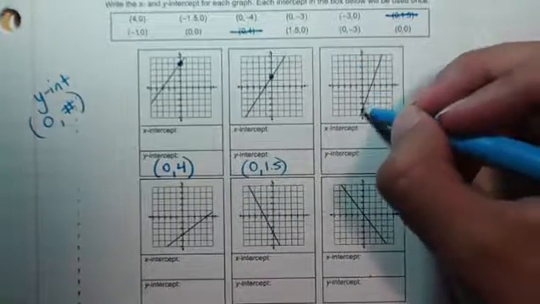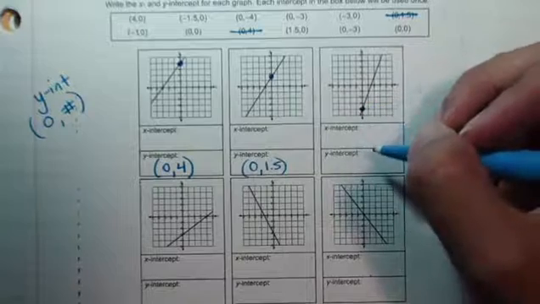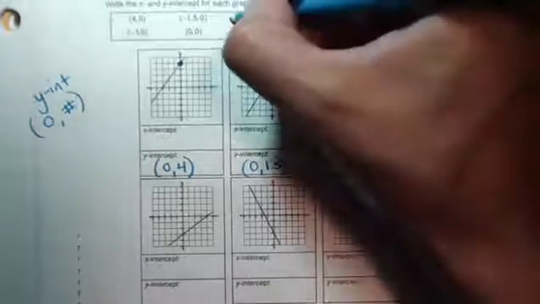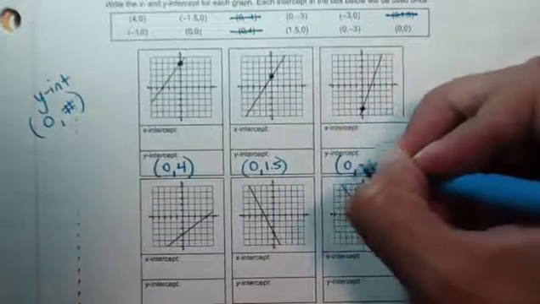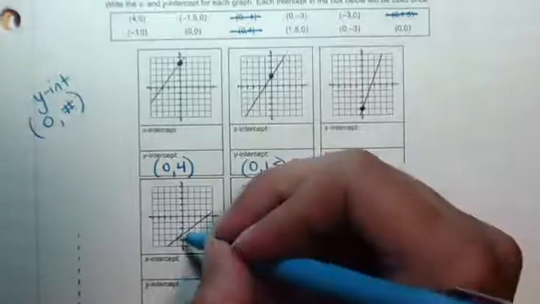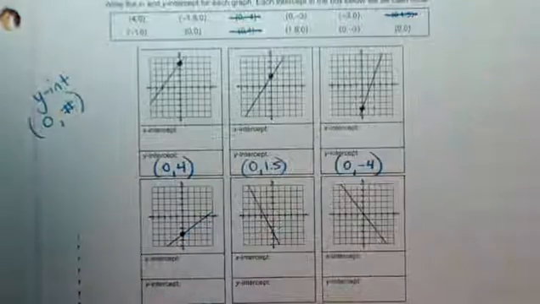This third one crosses over at -4, so 0, -4 is going to be the y-intercept for this one. The bottom left crosses over at -3, so 0, -3.